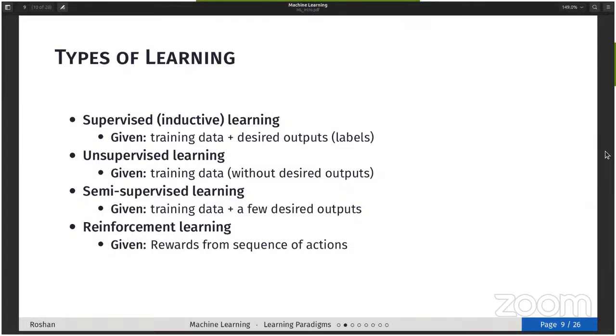Machine learning, those previously I was talking about all learning tasks. Okay, these are different types of learning in ML. First one is supervised learning. You have training data with you and you have the desired outputs. The next one is unsupervised learning, where you have data with you alone.